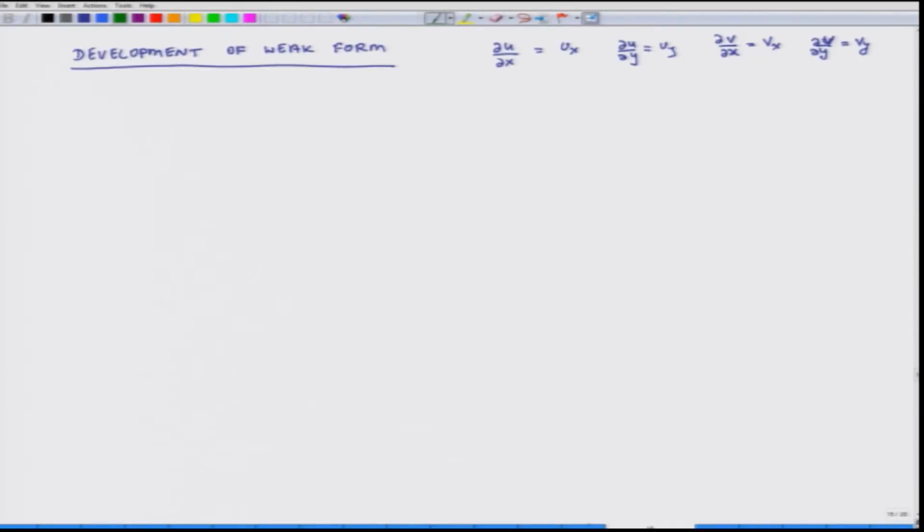So, what are those equations? How many equations will we get? 2 equations. There were 2 equations of motion, we will still get 2 equations.